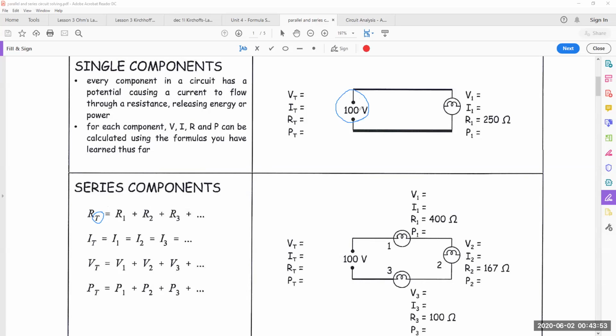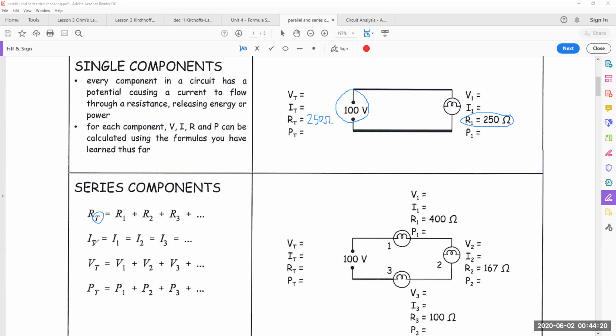So if I have 100 volts in here, and here I have my resistance R1 equal to that, and there's no other resistance, that's the only resistance, so therefore the total resistance is equal to 250. So that's when I have only one, right?